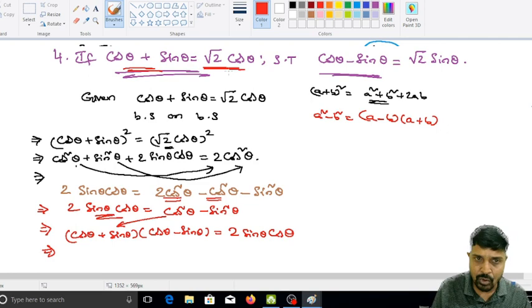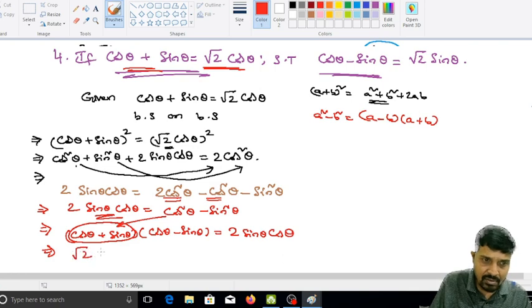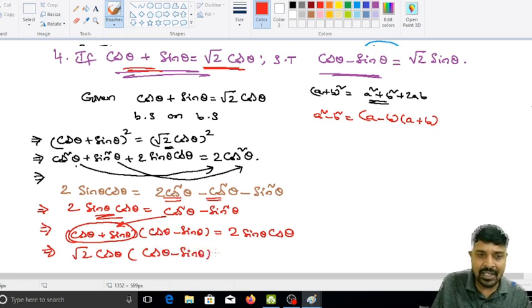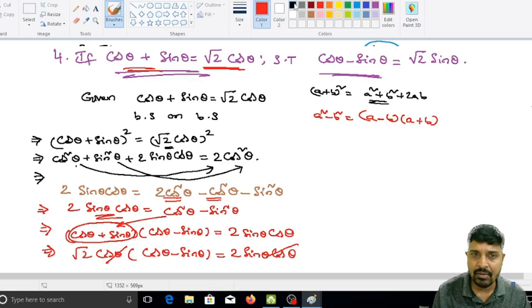This is root 2 cos theta. So in the place of this I can write root 2 cos theta times cos theta minus sin theta is equal to 2 sin theta cos theta. Now cos theta will be cancelled.